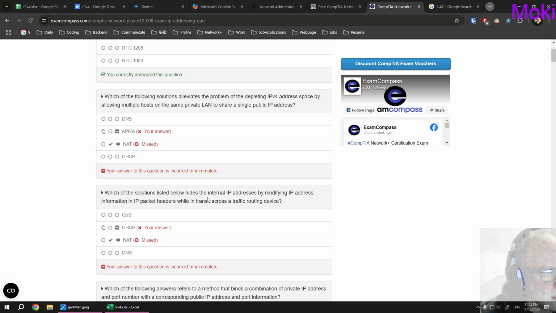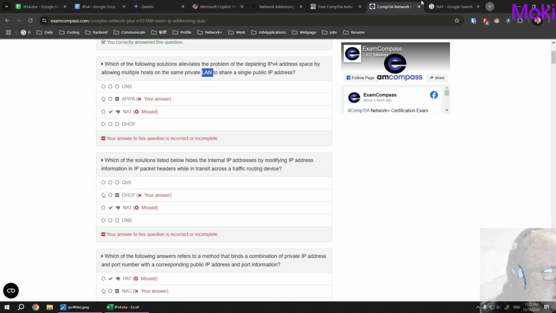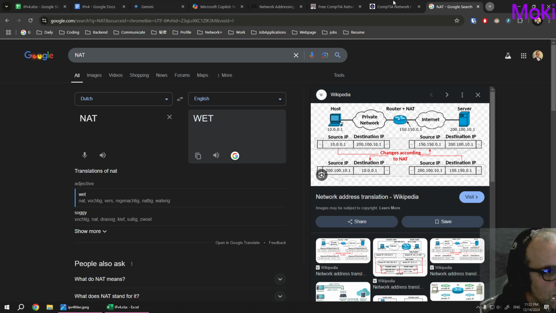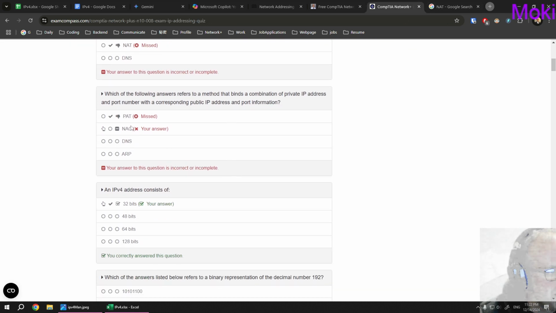That hides the internal IP address from the outside world. You're just using it inside your house or a small office, so you can have multiple hosts in the same private local area network. That's network address translation. And then PAT, this is the port.